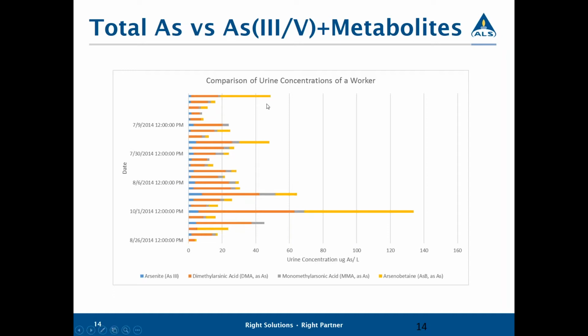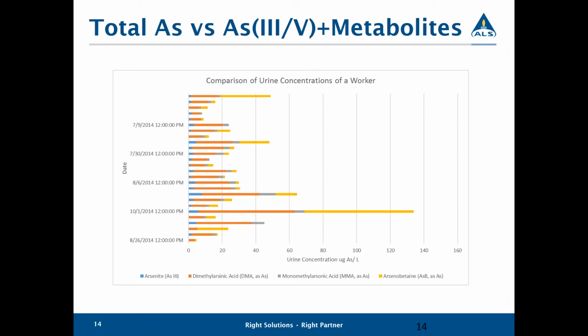So again, a total wouldn't really have helped make decisions quickly, and in a lot of these cases would have resulted in the worker not being able to work. So it was a really important feature to be able to use arsenic speciation to monitor the workers.